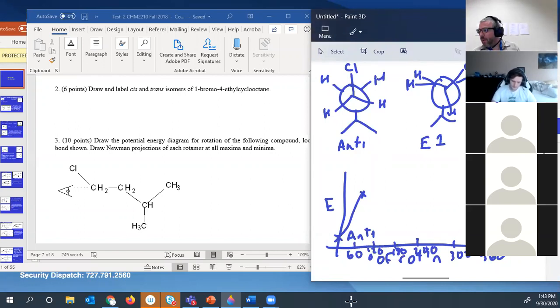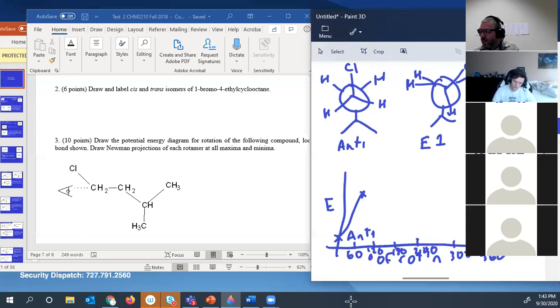I move it around another 60 degrees and I get my gauche. Again, leave the back the same. Where does the Cl end up? The Cl ends up down here, and that would be gauche.